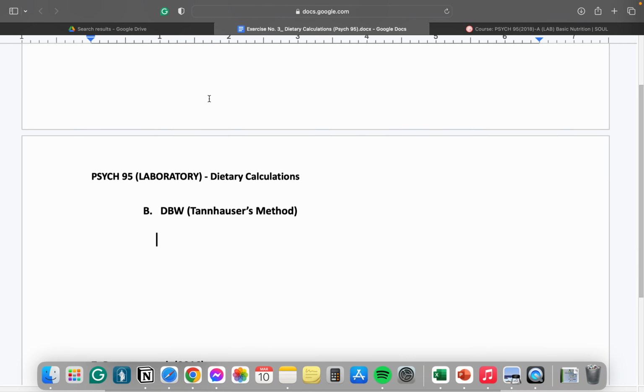All right. Okay. Let's do the first step. We already have our height in centimeters, which is 147 centimeters. And the next step would be determine desirable body weight by deducting 100. So we have 47 kilograms. And then next step would be to adjust for Filipino stature. So adjustment.